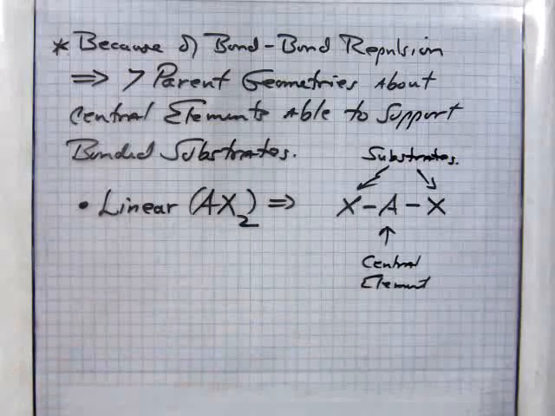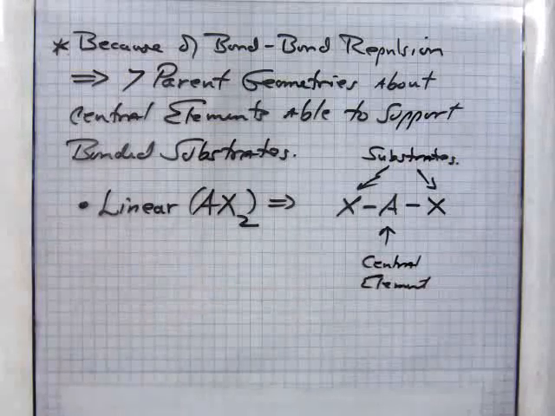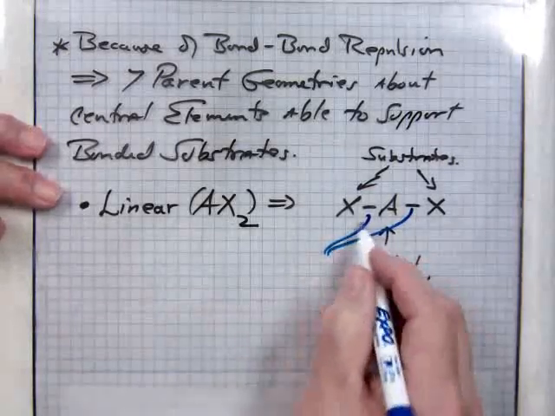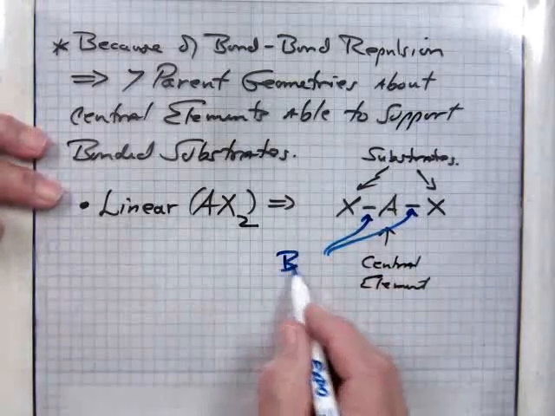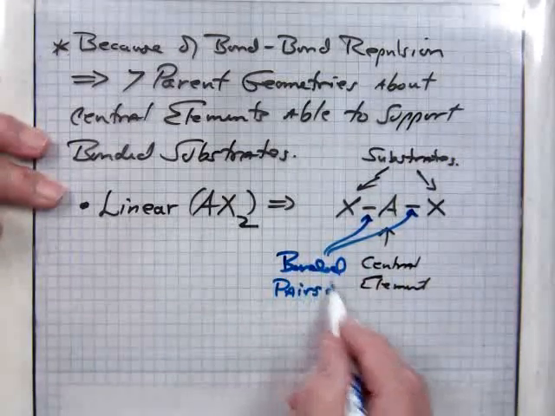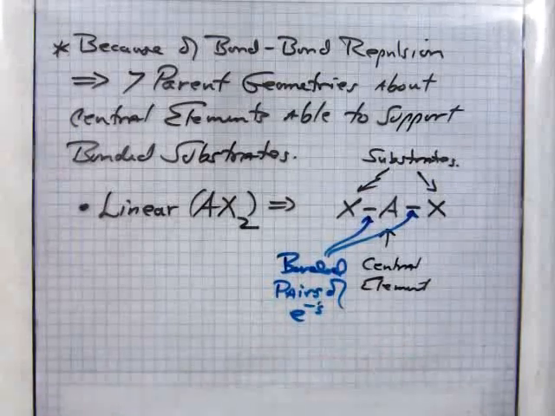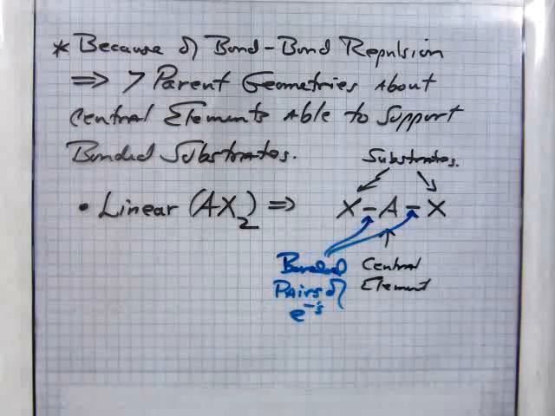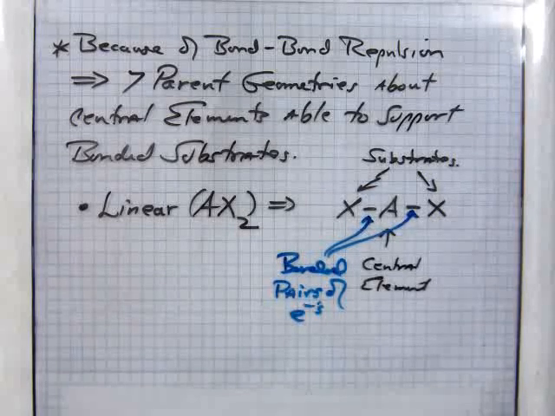Okay, now these are referred to as bonded pairs in the structure you're looking at. You can just call them bonded pairs. Now, as we go through some of the others later, you'll see that you can have both bonded pairs supporting a substrate attachment and non-bonded pairs on the central element.